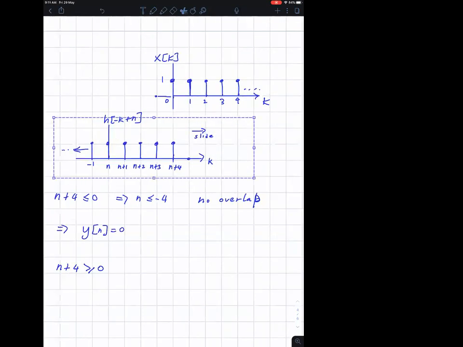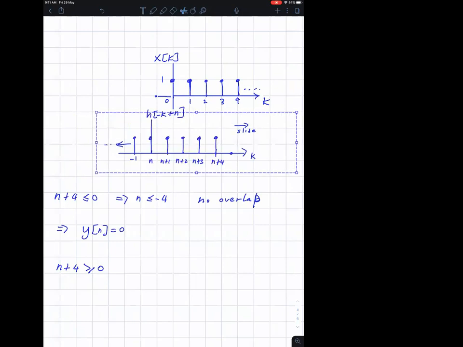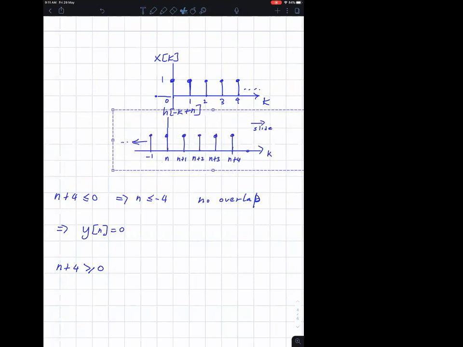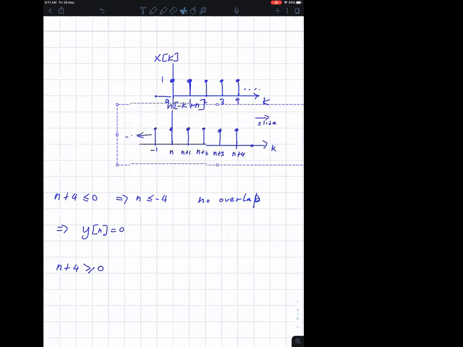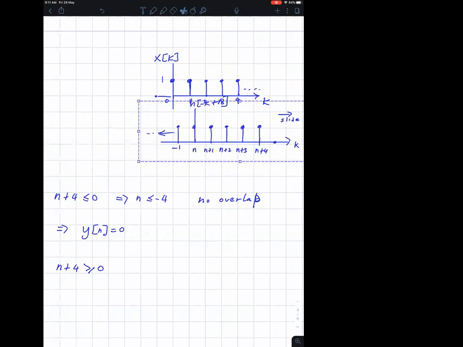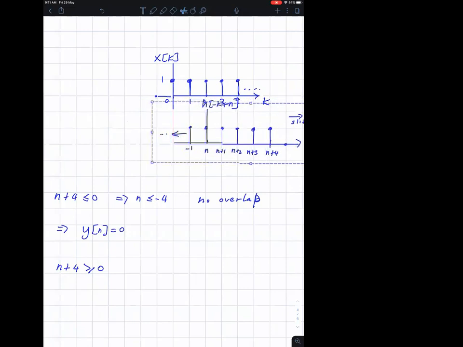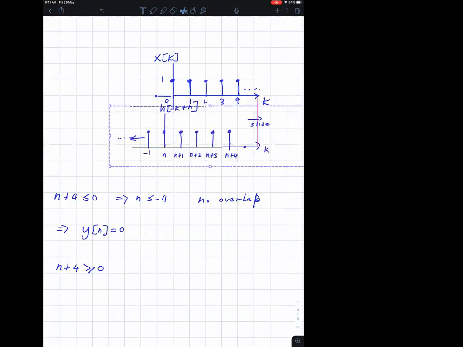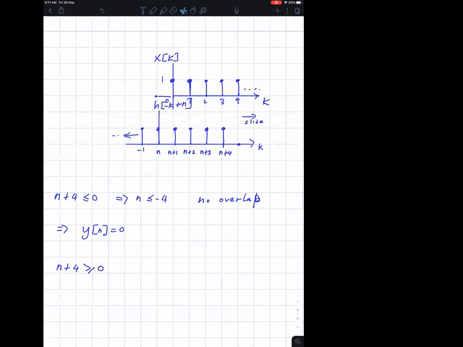You slowly overlap, overlap, overlap, and then you come until here. You keep on going. You can continue to go up to infinity, because this is going to infinity, right?